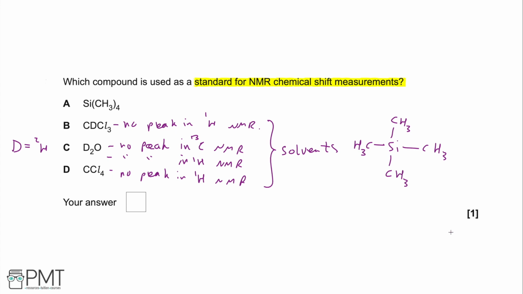We've got no adjacent hydrogens that are going to cause any splitting, so this is going to create a singlet peak that's very intense from a small amount of tetramethylsilane, because we've got those 12 hydrogens in the same environment all contributing to the same peak. And the same is true with carbon. We're just going to get one peak that's going to be quite intense because we've got 4 atoms all in the same environment. So here the answer is going to be A.